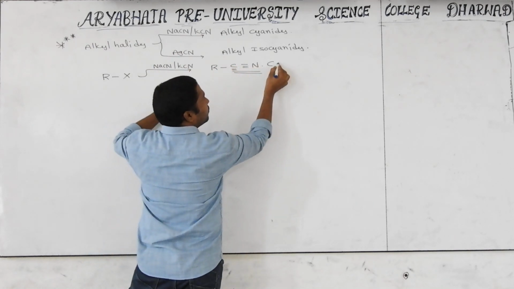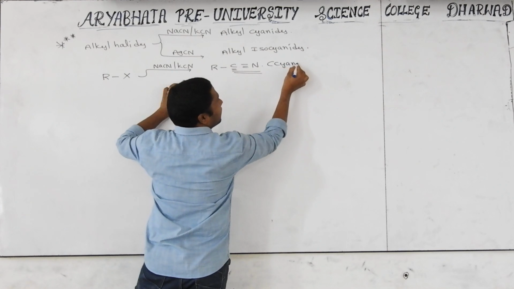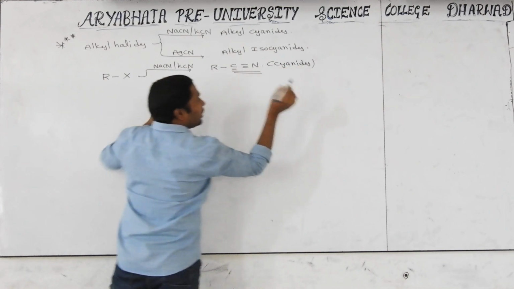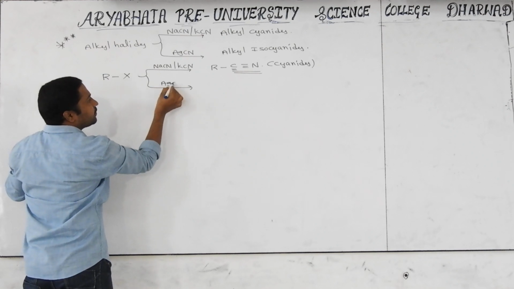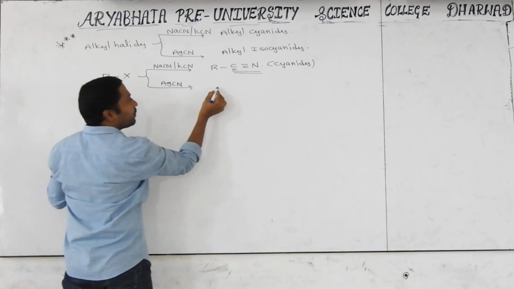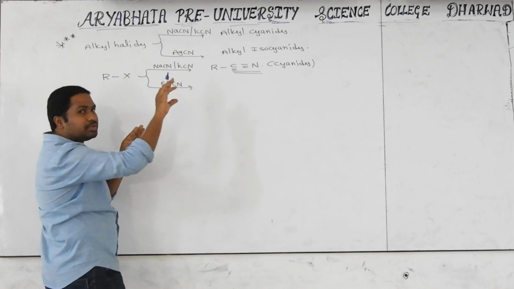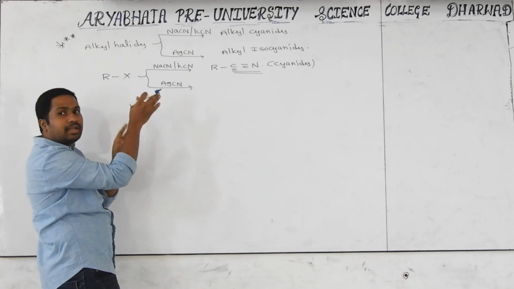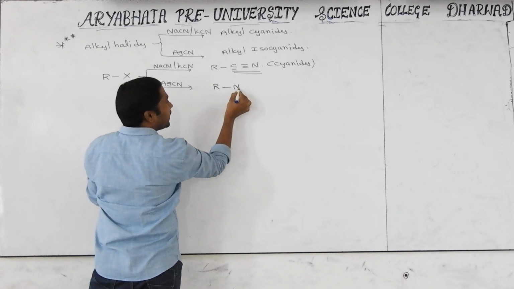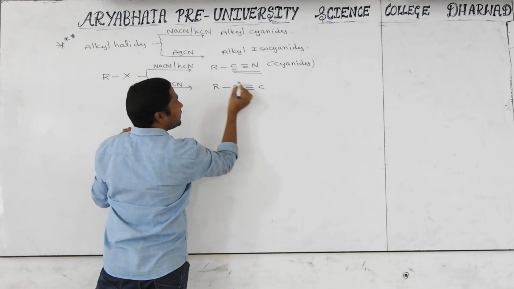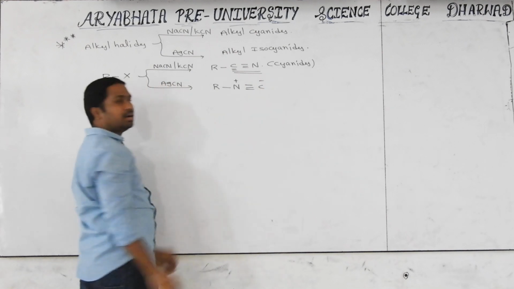Then those compounds are called cyanides. Now, if you are using silver cyanide, then what happens? From the CN group, the nitrogen atom is involved in the connection further. So R is connected with N triple bond C, with plus here and minus here.